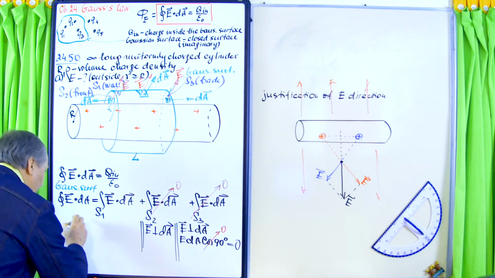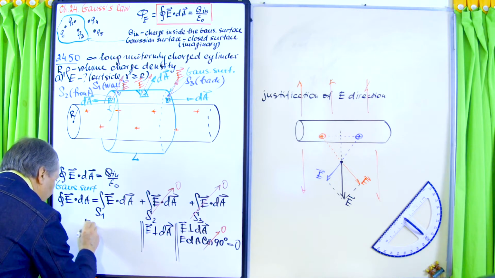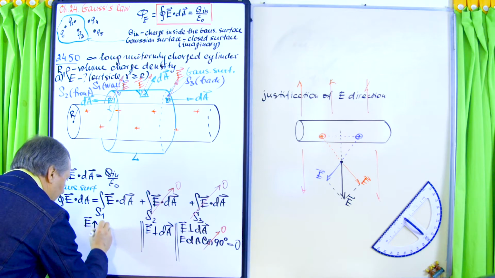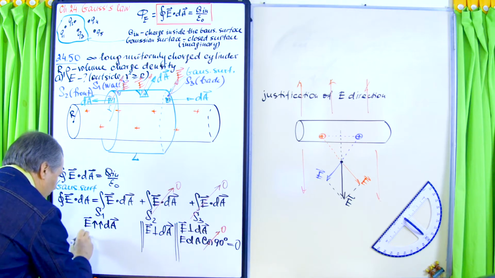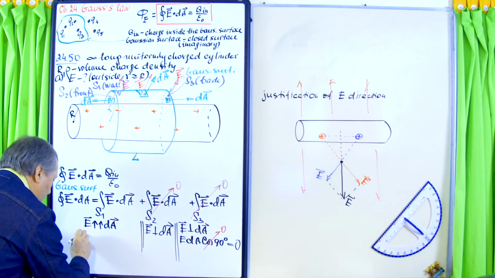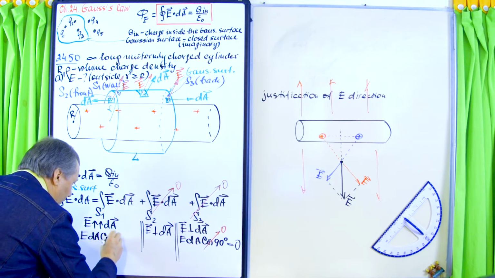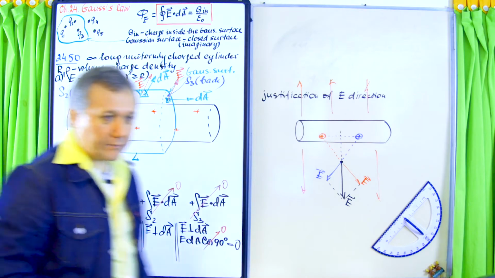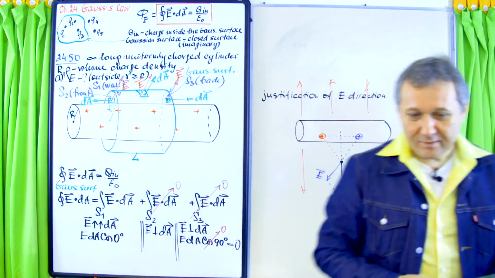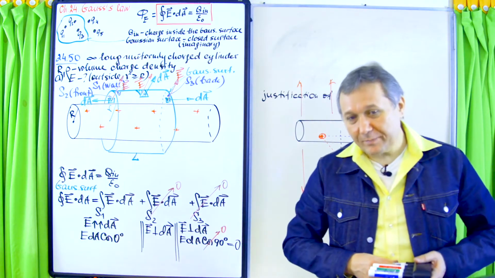Okay, so now I can write here that E in this integral is parallel to dA. So I can write explicitly this dot product. It will be E dA times cosine of 0 degrees. Two parallel vectors, the angle between them is 0 degrees.